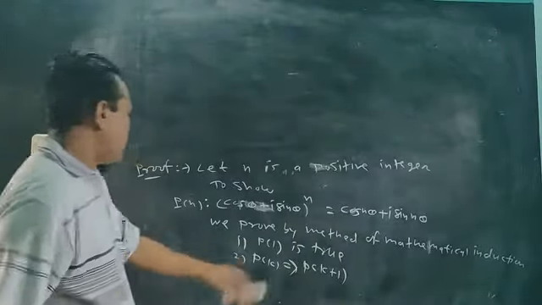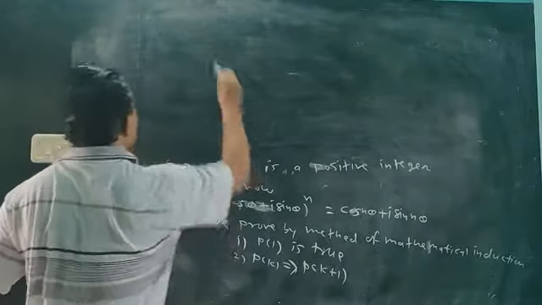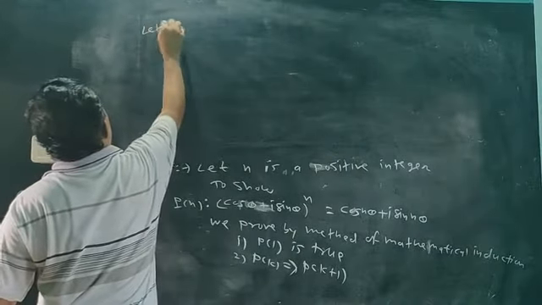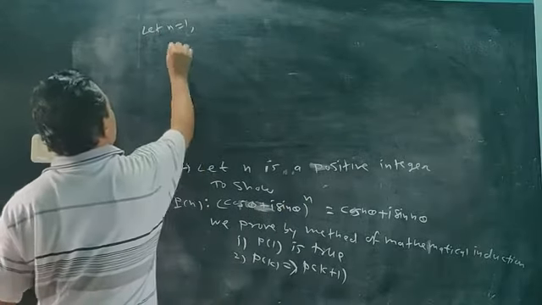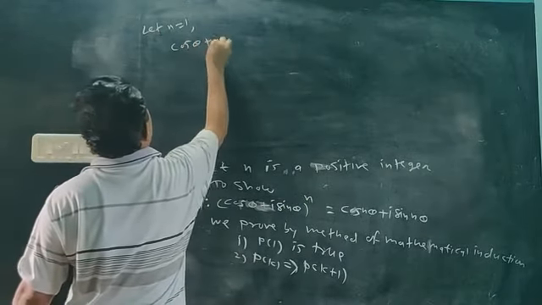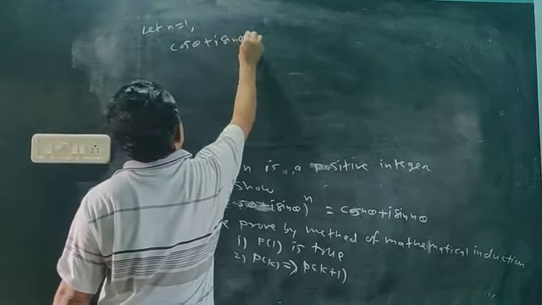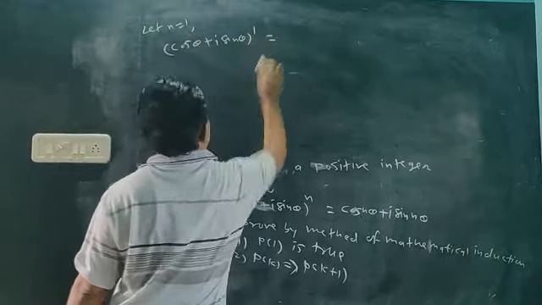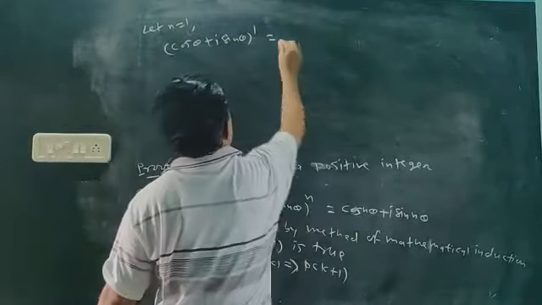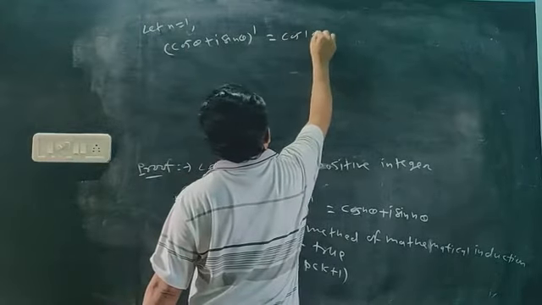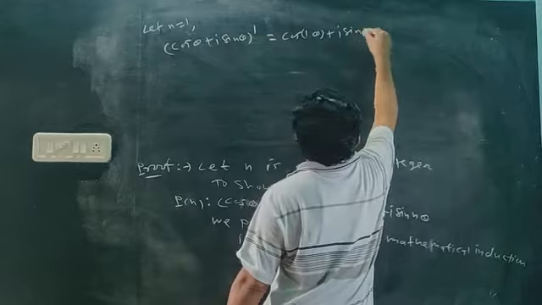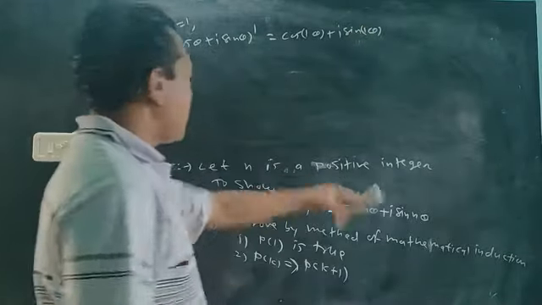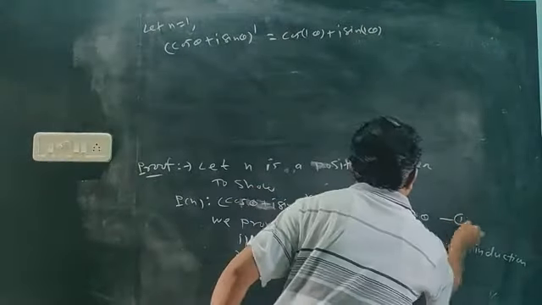So first, for n equal to 1, let n equal 1 in the statement. Left side: cos theta plus i sin theta raised to power 1. Right side: cos of 1 theta plus i sin 1 theta.